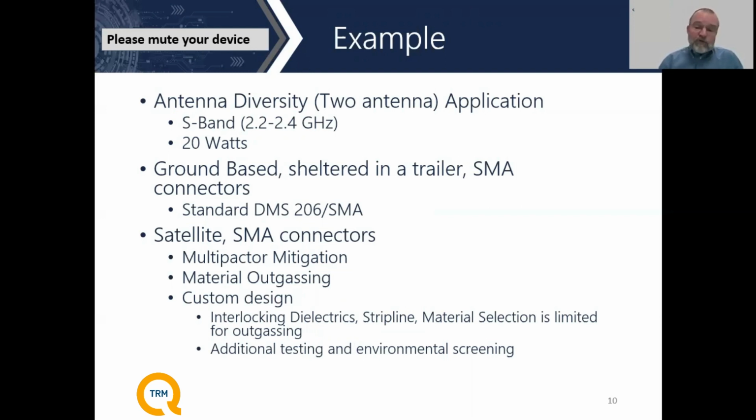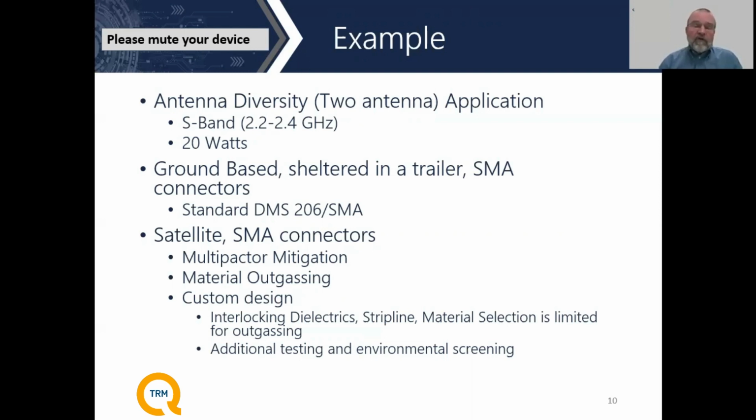Also for spacecraft operations, usually there's additional data that needs to be taken, whether it's data over temperature or other environmental screenings. Those would have to be included as well. If this was a product going on some sort of airborne application, then there's probably something in between that we would need to consider.